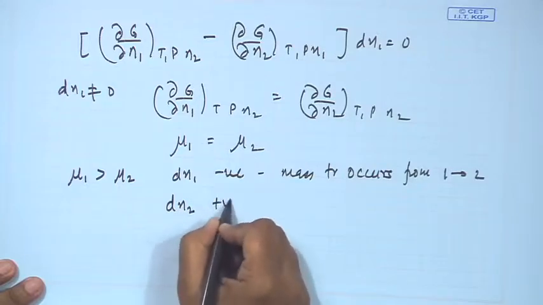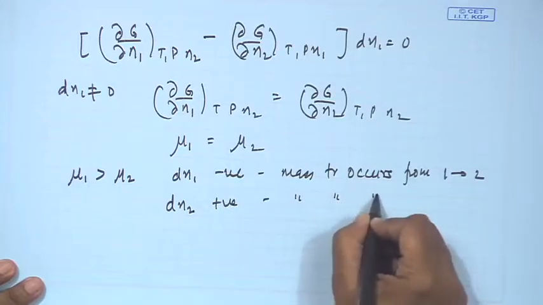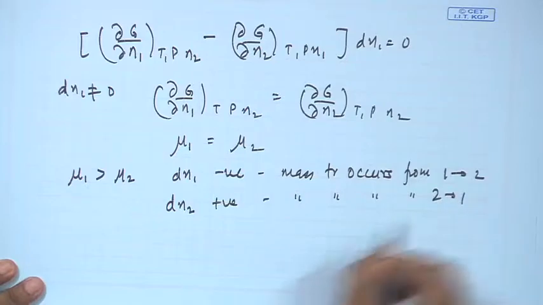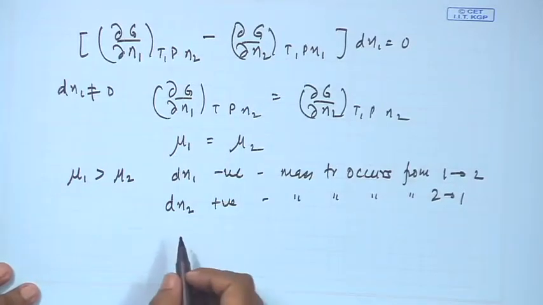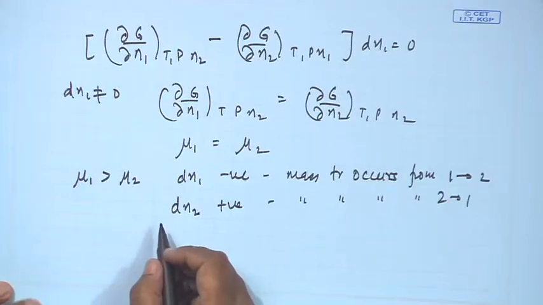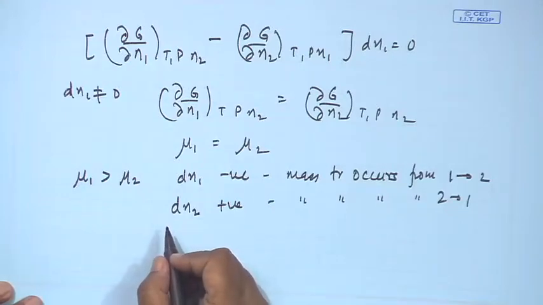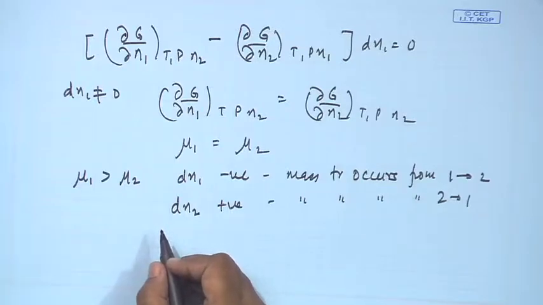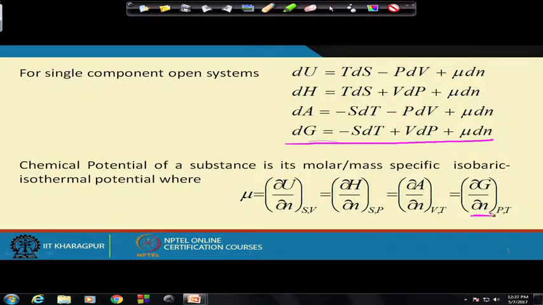If dN2 is positive, then the mass transfer occurs from 2 to 1. Let me repeat: the phase with the larger chemical potential shrinks and the phase with the smaller chemical potential grows until equilibrium is reached, or in other words until mu 1 becomes equal to mu 2.